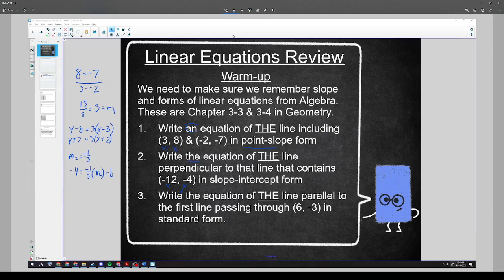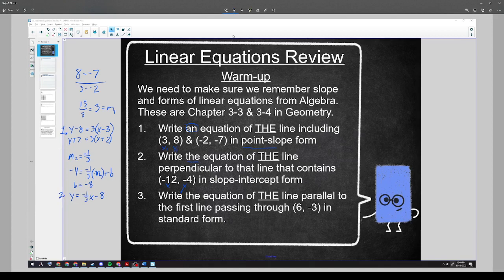So if I multiply that, this is +4, it looks like. 12 over 3, +4. Subtract it to the other side, we get b equals -8. So our second equation would be y equals -1/3 x minus 8. So this is our first equation, this is our second equation.